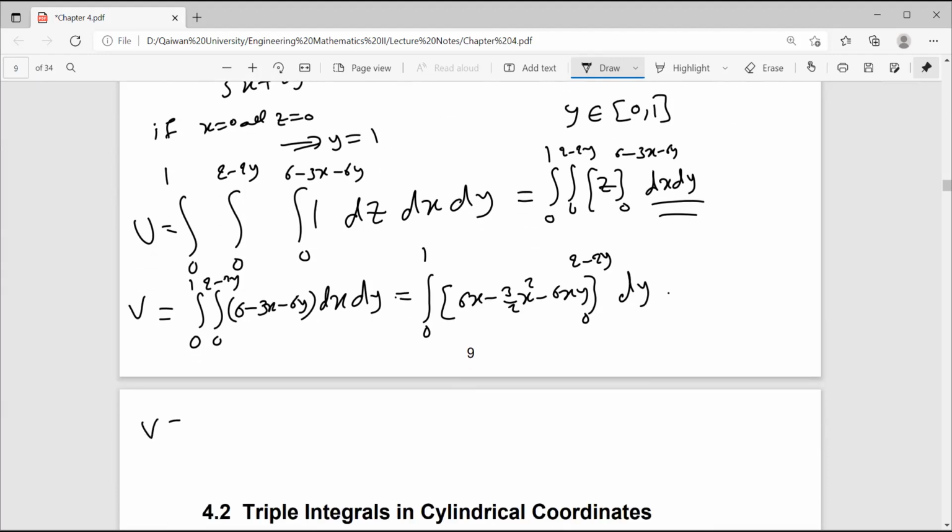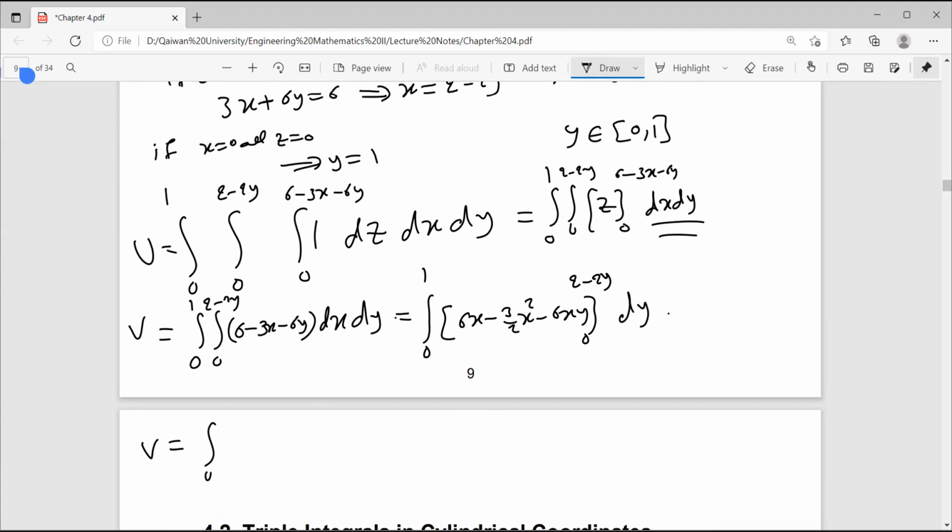We say V is the integration from 0 to 1 of 12 minus 12y minus 3 over 2 times 2 minus 2y squared, minus 6y times 2 minus 2y, so 12y minus 12y squared. Is it true? It should be true.